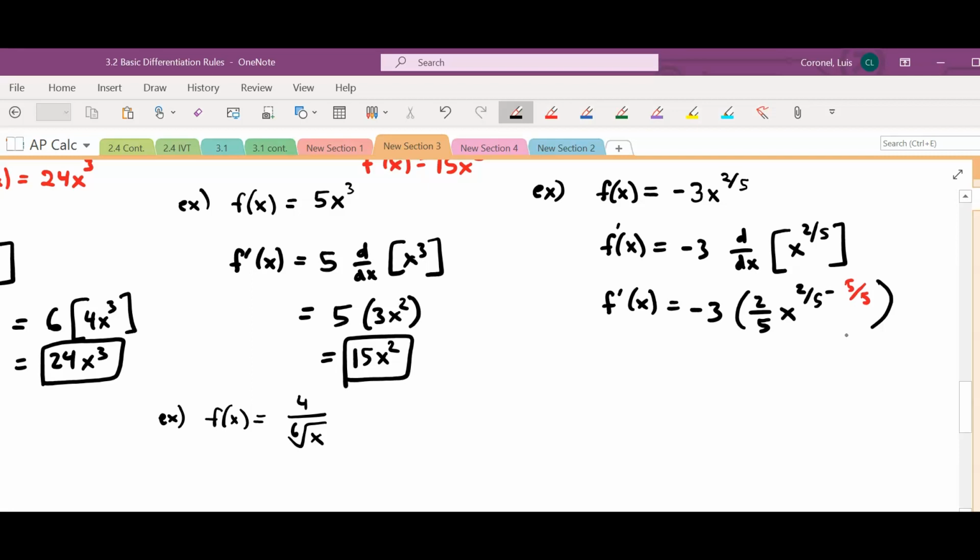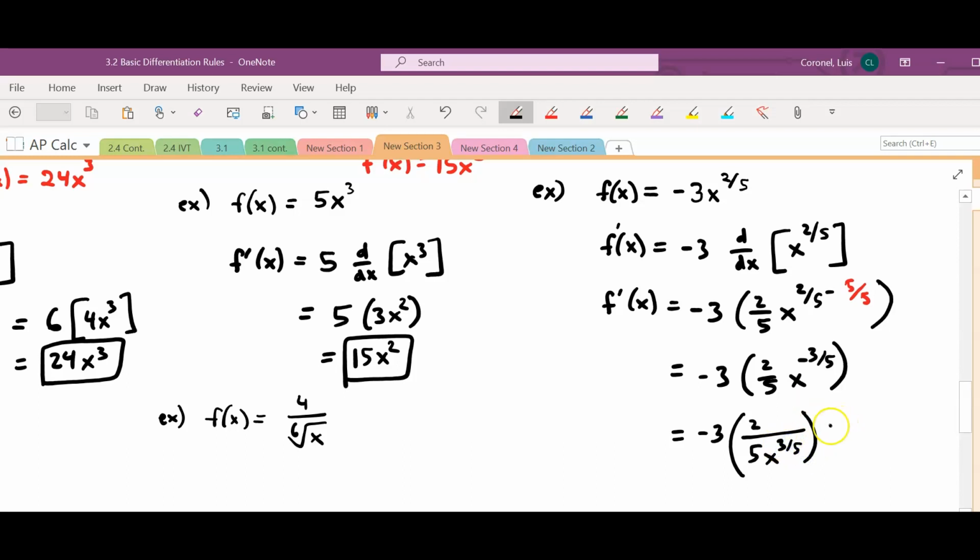And you're going to end up with x to the power of negative 3/5. And we have a negative power, so we could move the power to the bottom.